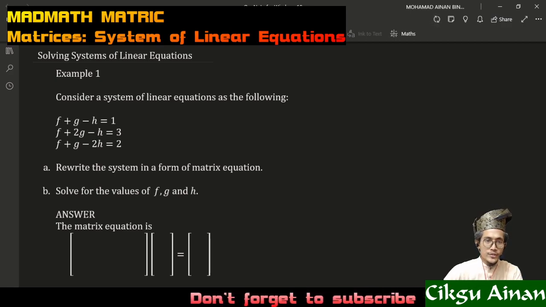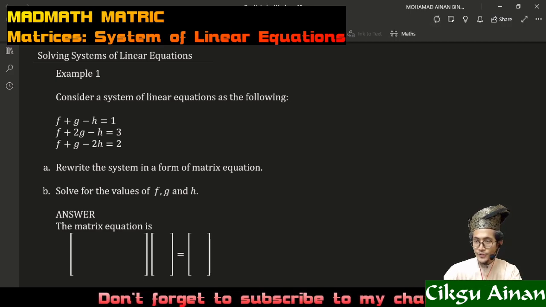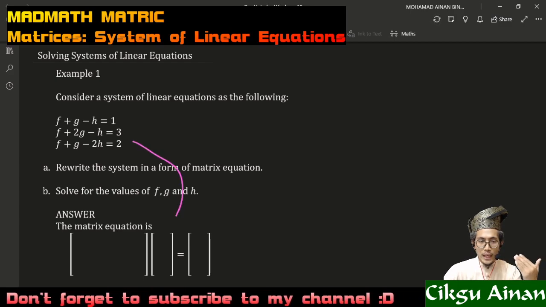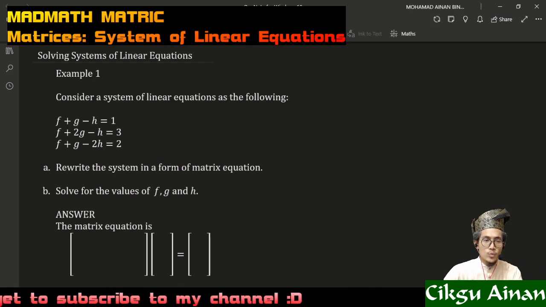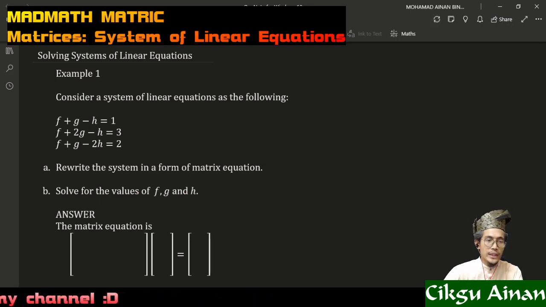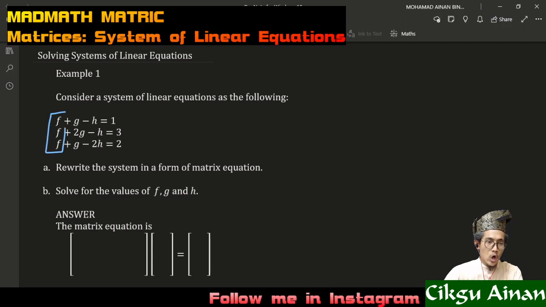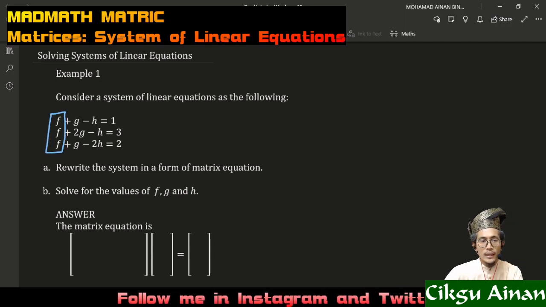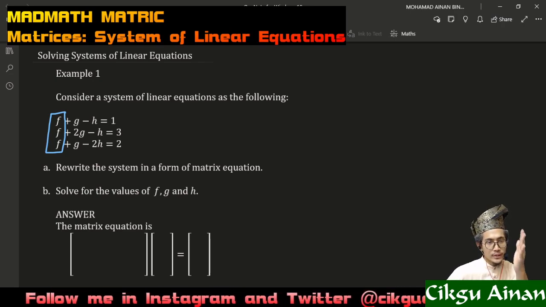Now, this is quite straightforward, because we can just transfer the coefficients down here. As you can see, everything is already arranged according to the variable. When you look at the system, please make sure all variables are arranged in a column.